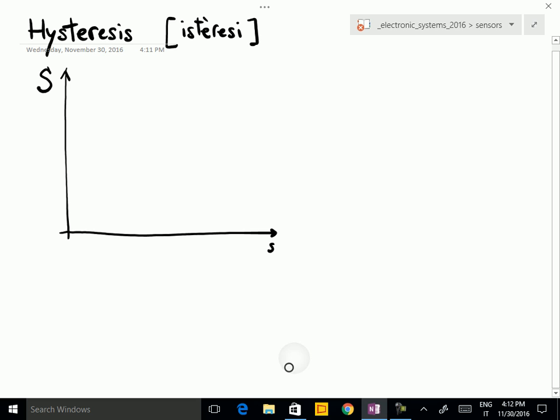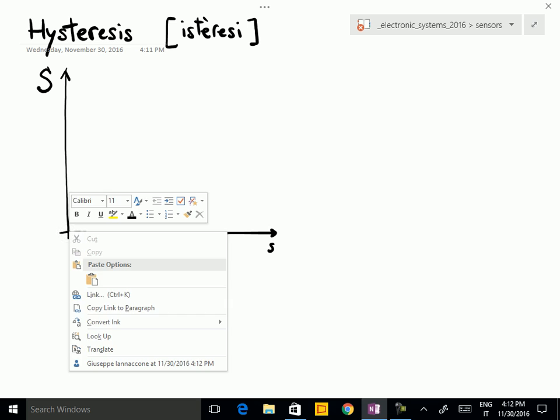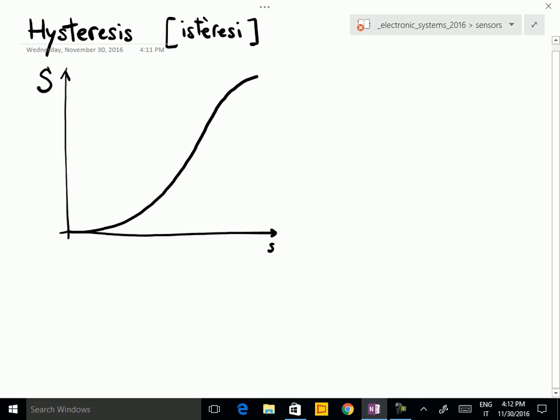So, for example, if we increase the stimulus from 0 to the maximum value, we have this curve, and then when the stimulus goes back to 0, we have a different curve. So we have a plot which depends on the orientation. It happens pretty often, and it depends on the physical properties of the transducer. It's something that we do not want in principle, but we often have.